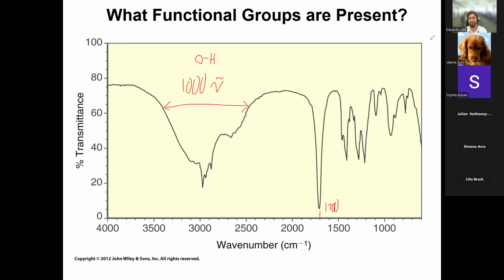Perfect. And again, just a reminder, make sure that you address the chat to everybody, right? But I got a response that says carbonyl and an OH.